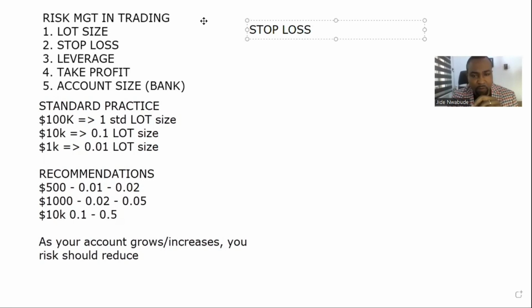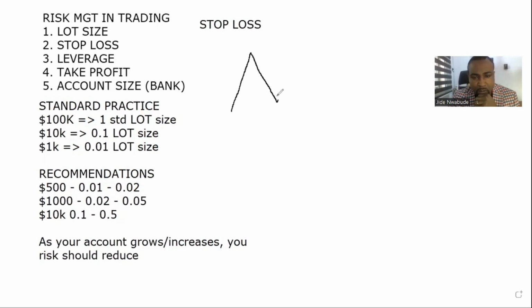That's my recommendation for my stop loss. Here is how I recommend stop loss. If I'm entering a trade here, my stop loss should be below the support.